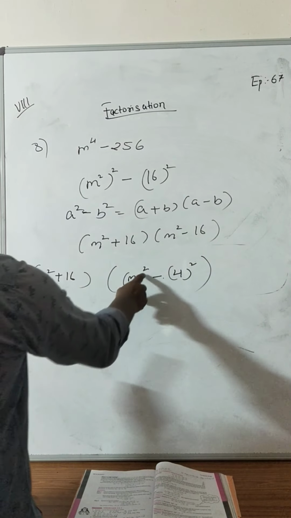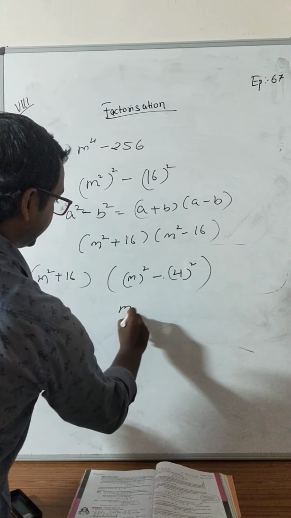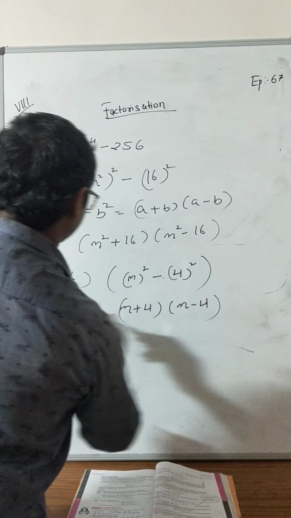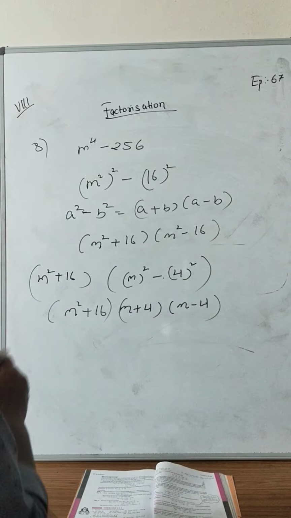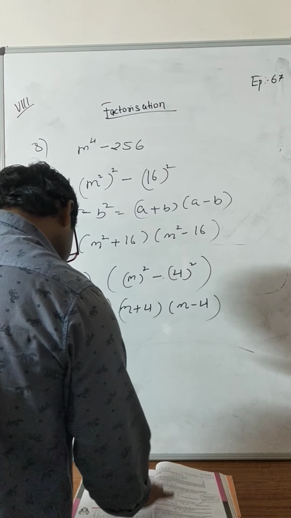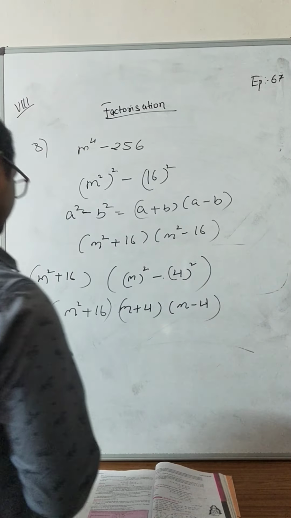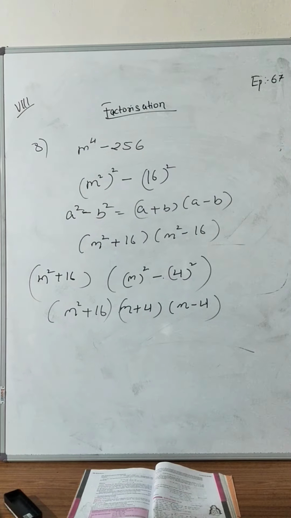See, a square minus b square. Then we will again get (a plus b) and (a minus b), and then m square plus 16. Yes, this is the answer: (m plus 4)(m minus 4)(m square plus 16).